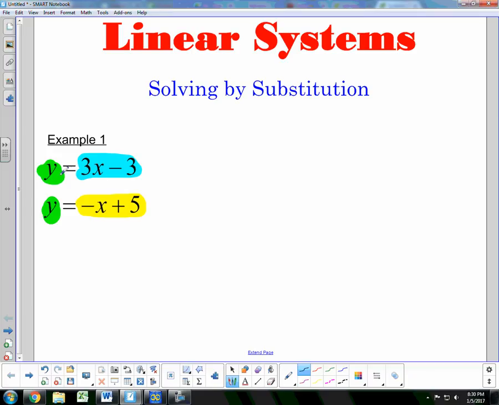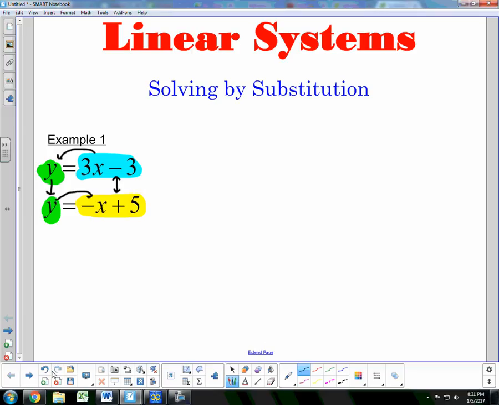This is called the transitive property. Since 3x minus 3 is equal to y, and y must be equal to y, and y is also equal to negative x plus 5, that must mean that negative x plus 5 is also equal to 3x minus 3.